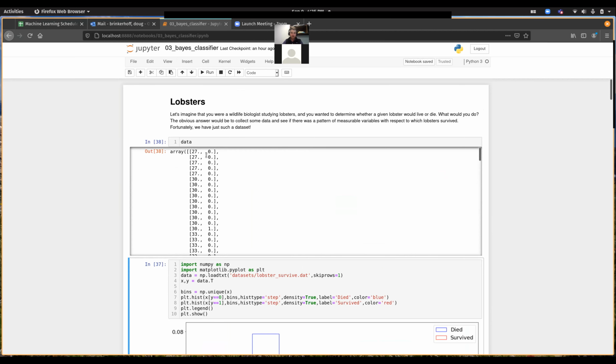The second column is just a binary label based on whether the lobsters that were measured and then tracked survived over some fixed period of time. So this is a data set that relates lobster size to lobster mortality.